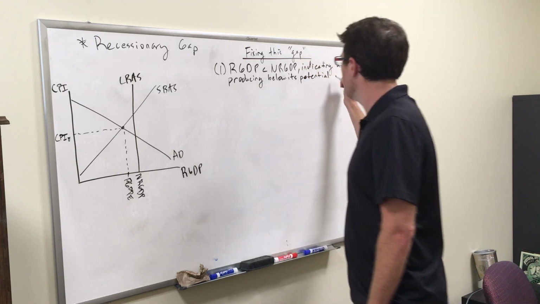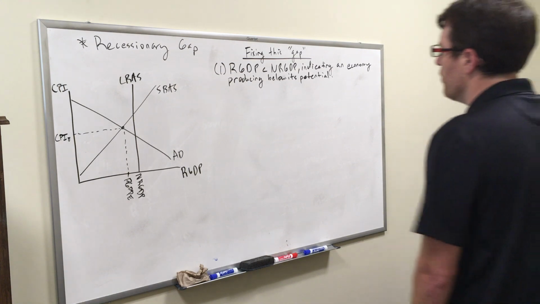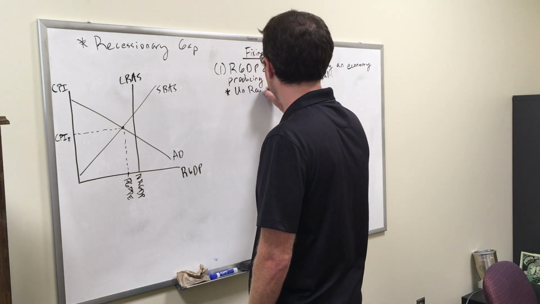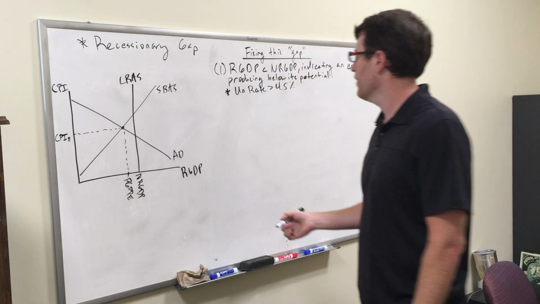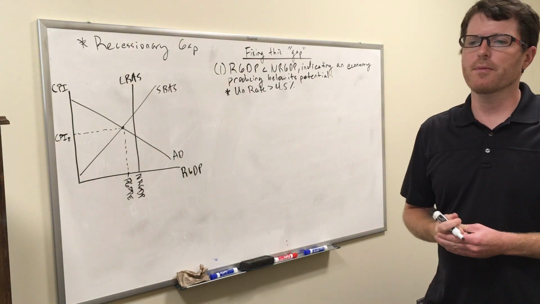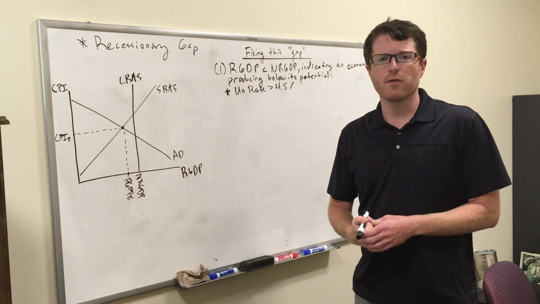So this economy is certainly producing below its potential. And if it's producing below its potential, we also know about the unemployment rate. The unemployment rate must be greater than 4.5%. In other words, there must be some cyclical unemployment, some unemployment that is a result of a bad economy. This all makes sense so far, I believe.